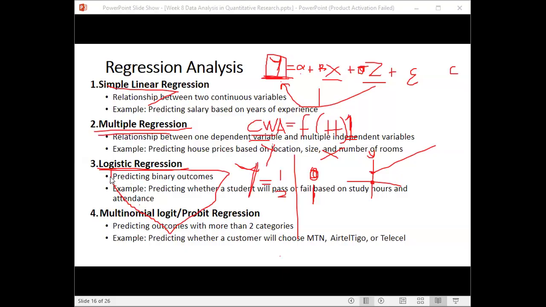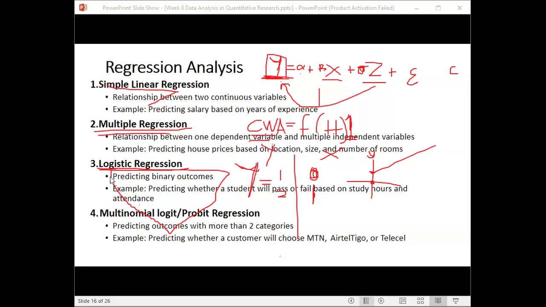So investing, not investing. I want to maybe know, what is the effect of so and so on investment decisions? The investment decision is what? I invest, I don't invest. And what are the things that are predicting if somebody is going to invest or not? You need to look at it from a logistic regression point of view.